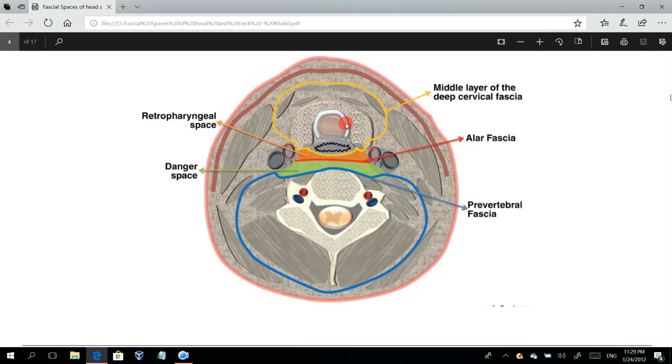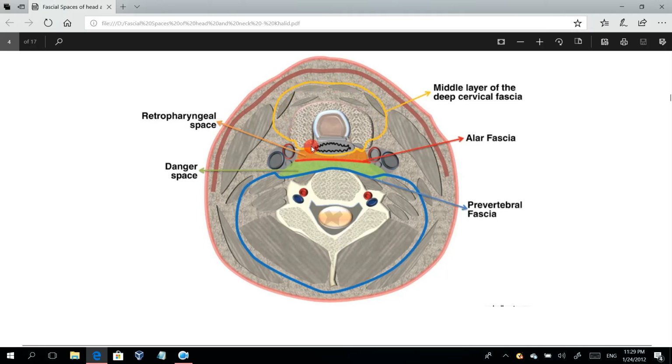Of course, this is a transverse section of the neck showing the prevertebral fascia in blue, and this is the alar fascia. Of course this is the pharynx, and this is the pretracheal fascia.